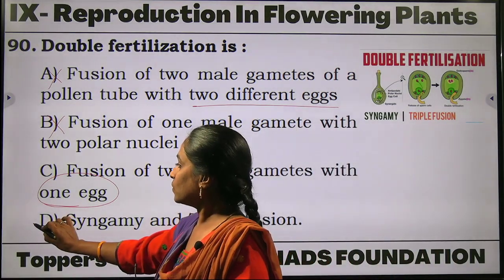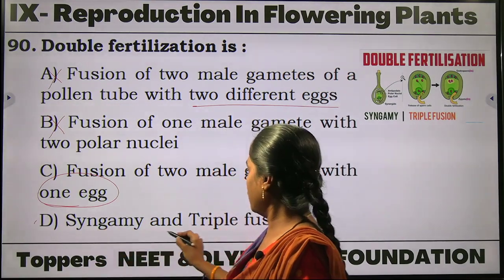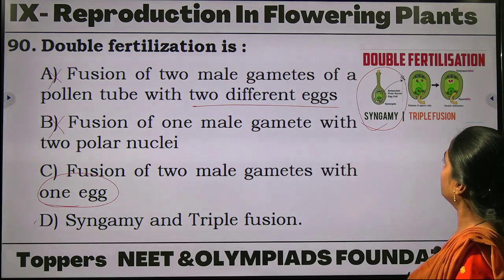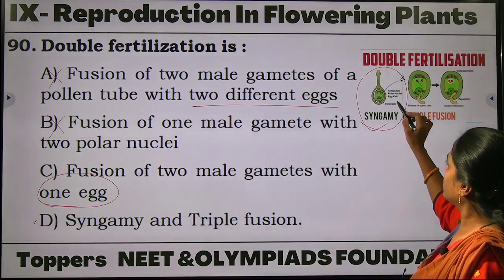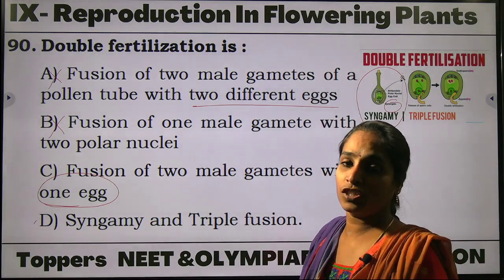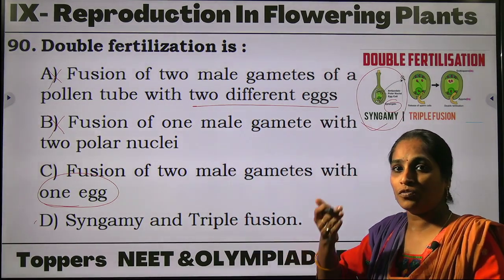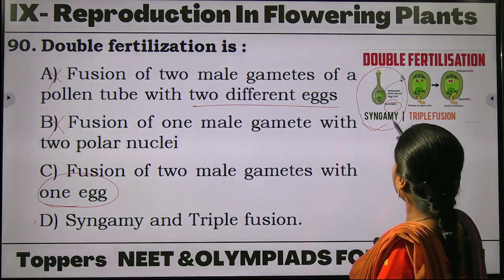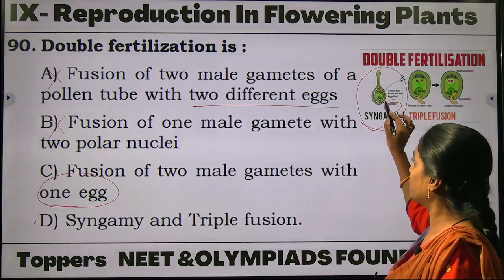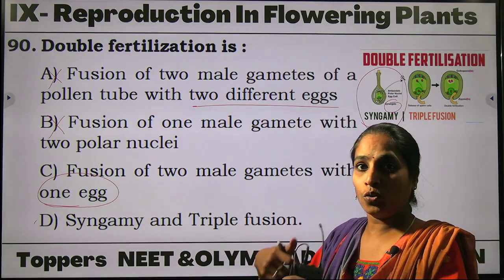Okay, what is option D? Syngamy and triple fusion. So you see in the picture, what is syngamy? Here we can observe the synergids allowing the pollen tube of a male gamete through the filiform apparatus, and allowing the first sperm cell to reach only the egg cell, not going beyond that.